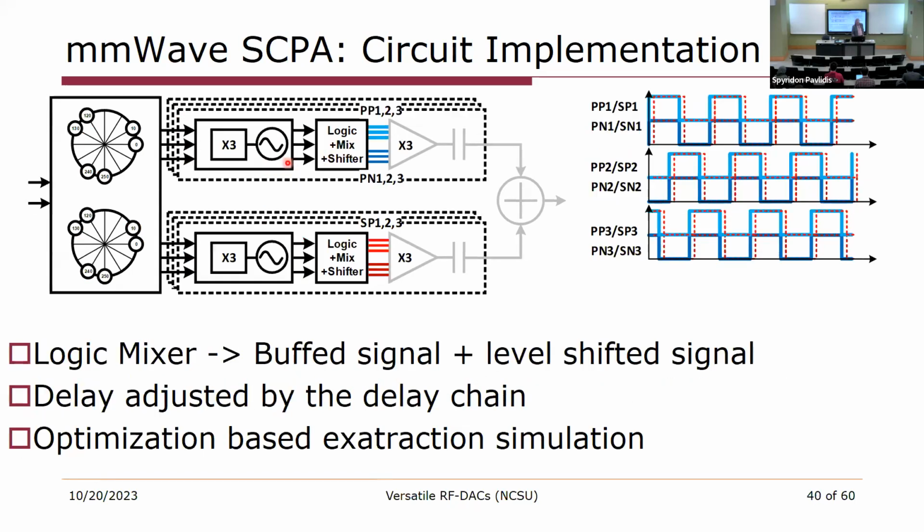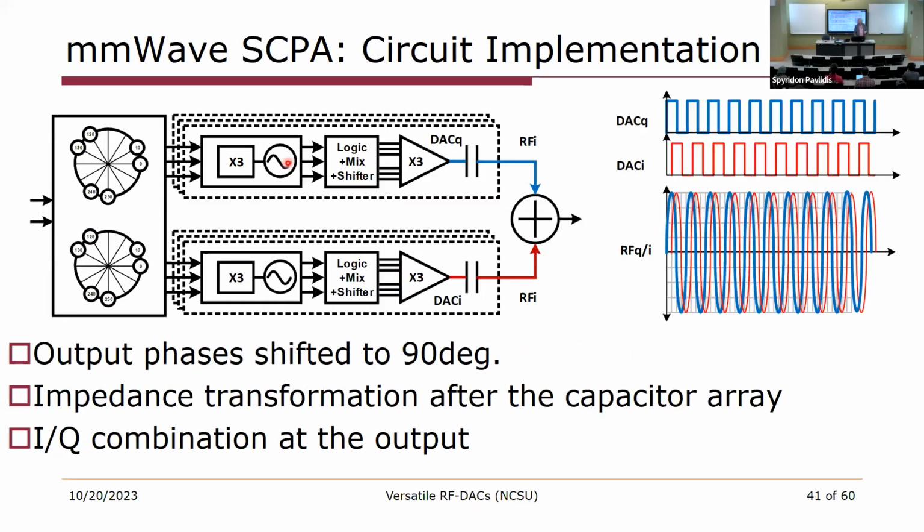And then we have our mixing and edge combining operation that then multiplies the signal to 9 gigahertz. And then we have in-phase and quadrature components that we sum together using a Cartesian combiner. At the top plate of the capacitor array, we have our quadrature analog signals that are driving into that combiner.